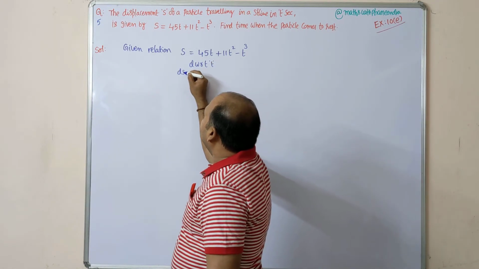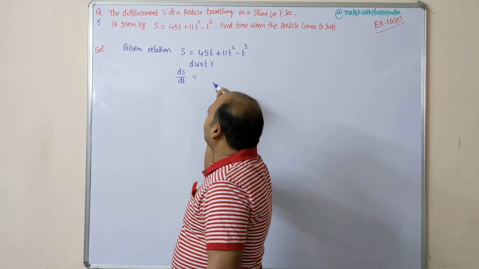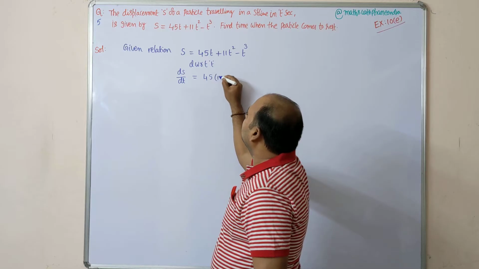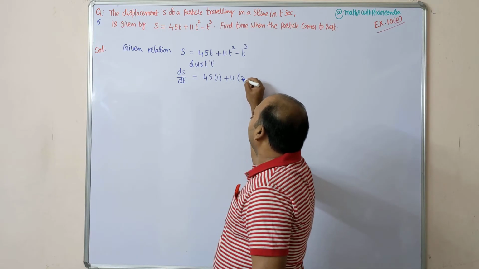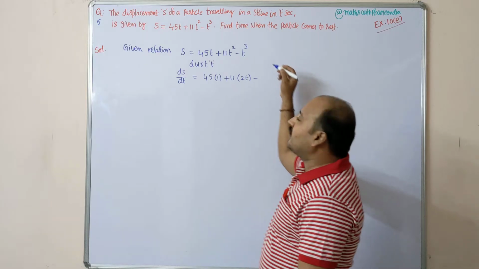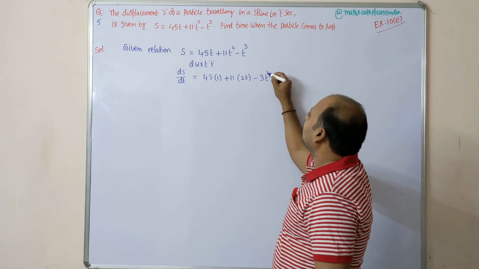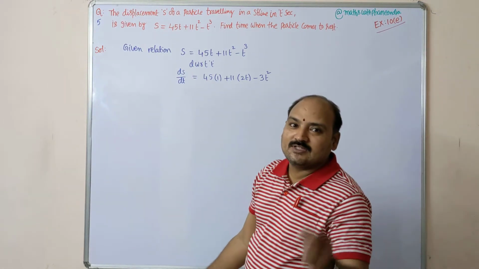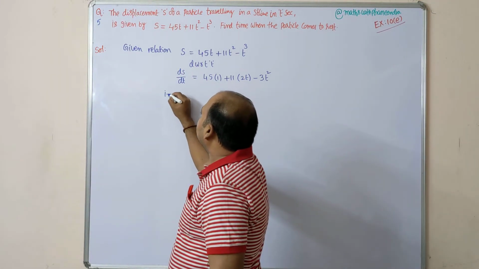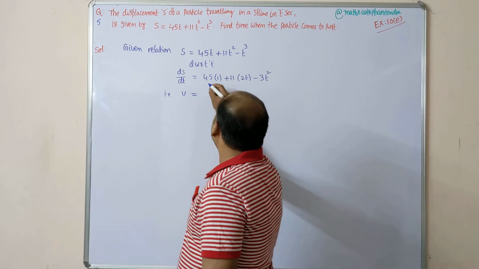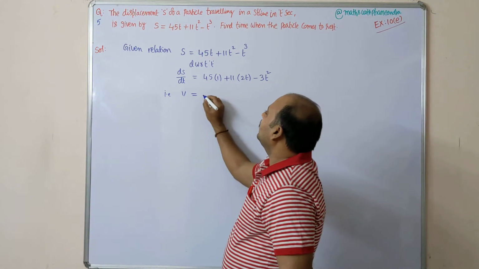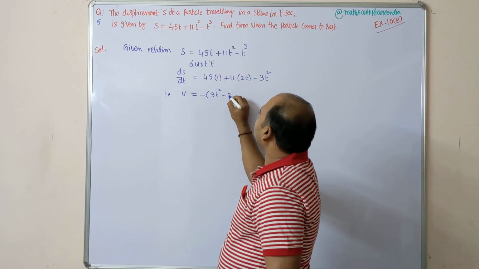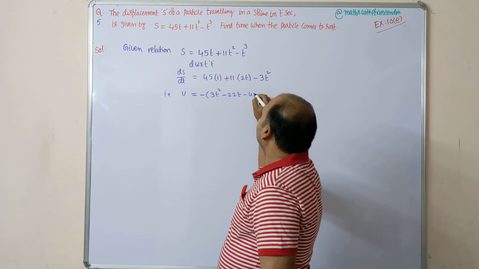So ds by dt is equal to 45 into t derivative 1, plus 11 into t square derivative 2t, minus t cube derivative 3t square. So ds by dt value is called velocity. So v is equal to, writing in order, minus 3t square minus 22t plus 45.